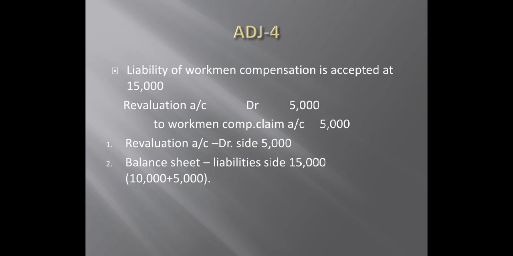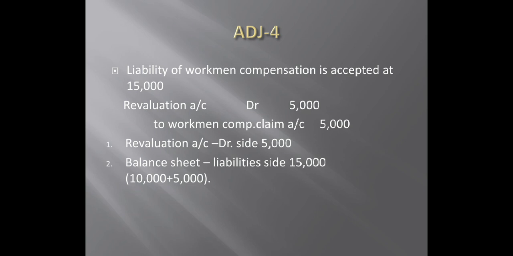The next adjustment is about workman compensation. They say liability of workman compensation is accepted at 15,000. Journal entry for this is revaluation account debit 5,000 to workman compensation claim account 5,000.